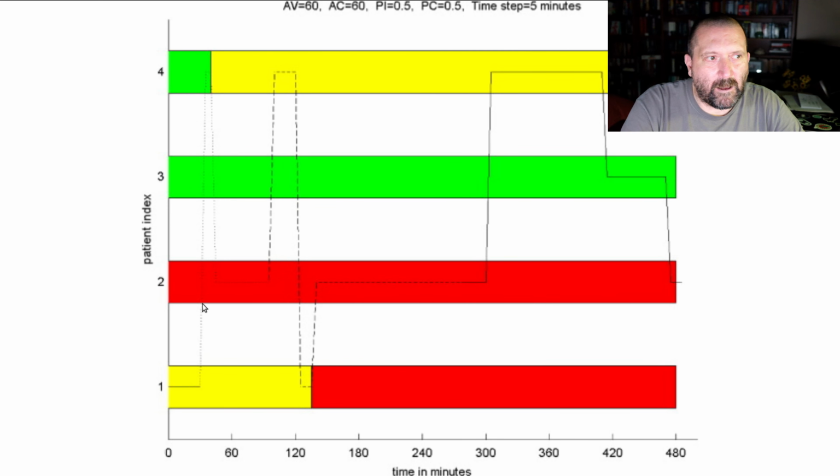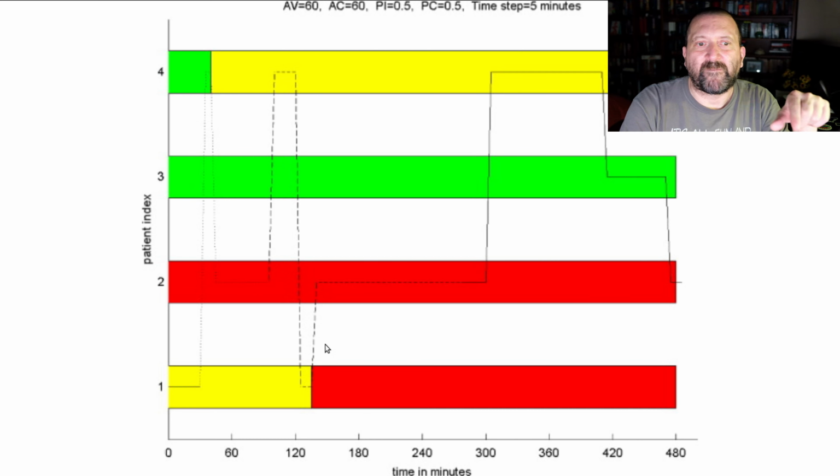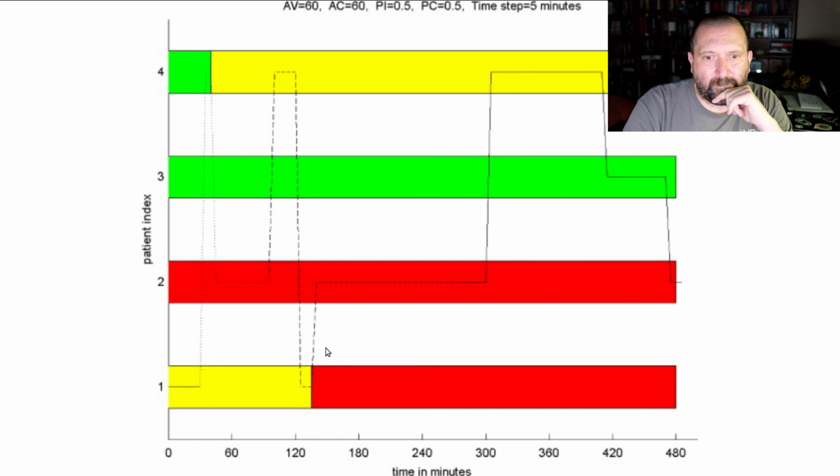And the line that you see here is a healthcare worker going from bed to bed. The line is plain if the healthcare worker is uncontaminated, dotted if it's contaminated with the non-resistant strain, and dashed if the healthcare worker is contaminated with a resistant strain.